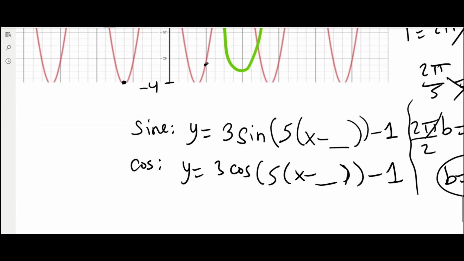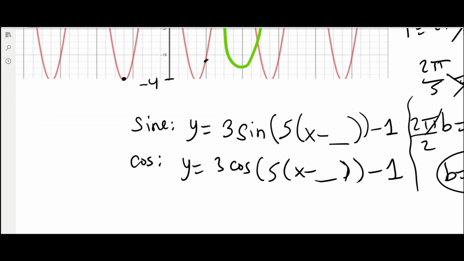That means our C is going to be -3 pi out of 20. And we know that two negatives make a positive, so it's going to be x plus 3 pi over 20. So I'm going to go ahead and change that to a plus 3 pi over 20. All right, that takes care of our sine.